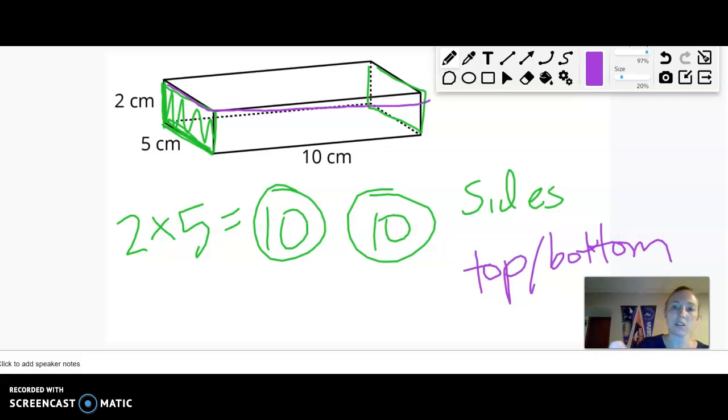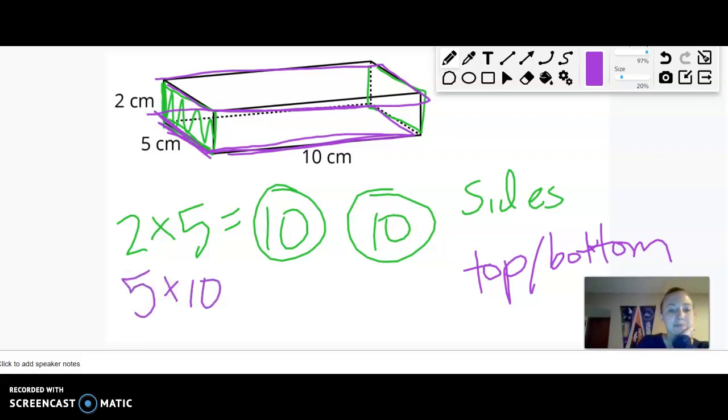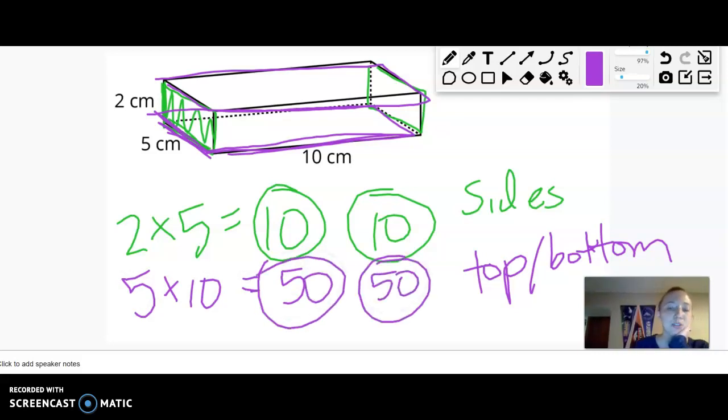Sometimes it's easier to look at the top. Sometimes it's easier to look at the bottom, depending on where the numbers are written. This I can see, okay, I have 5 by 10, which gives me 50. So then I have 2 50s.